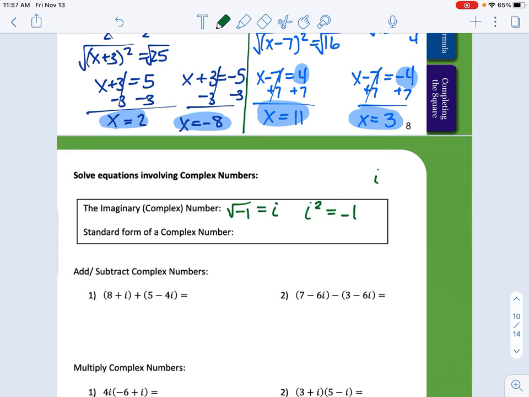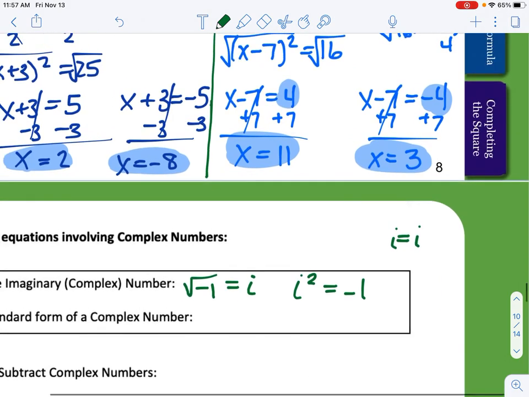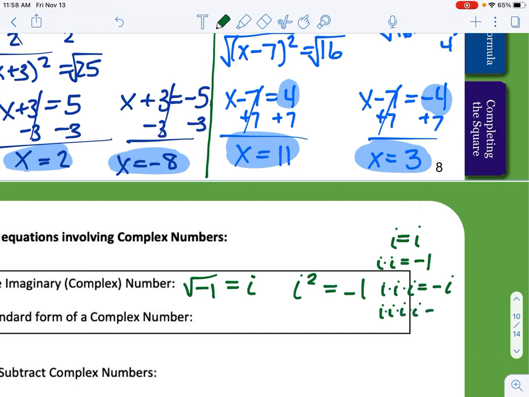So we can think about these, it's kind of a repeating pattern. If you have just one i, that's the imaginary number i. If you have two i's multiplied, or i squared, that is equal to -1. 3 i's multiplied is equal to -i. 4 i's multiplied is equivalent to positive 1.